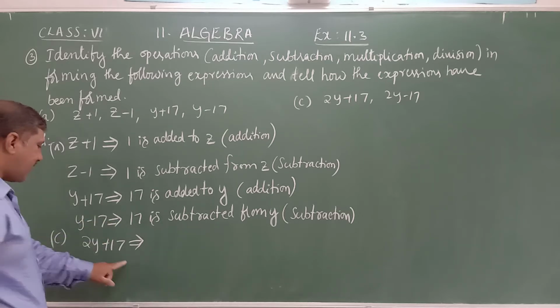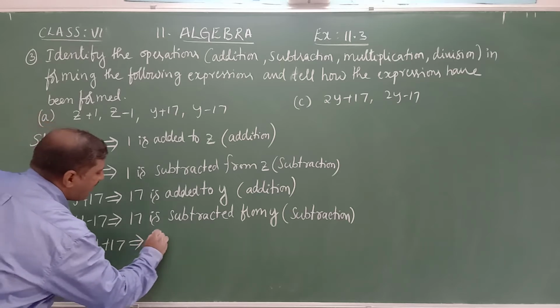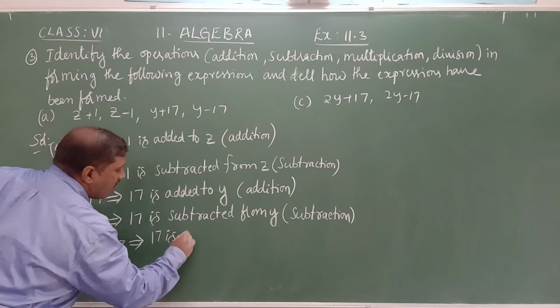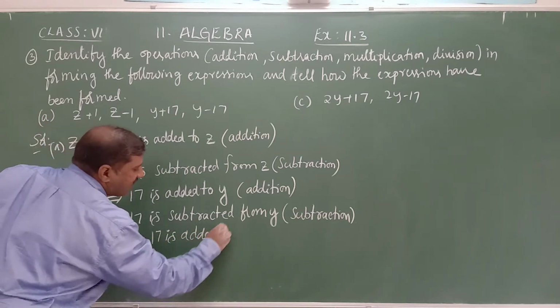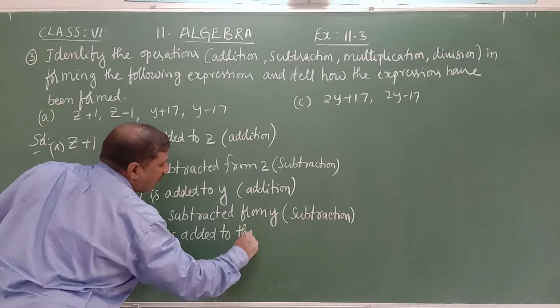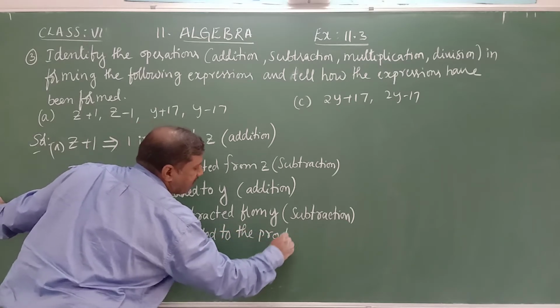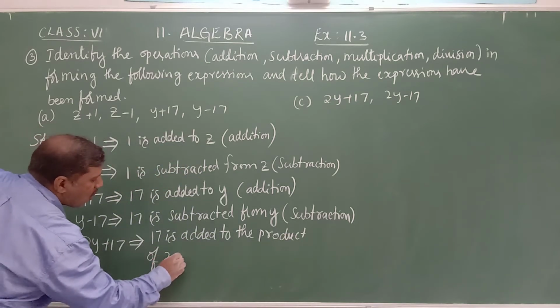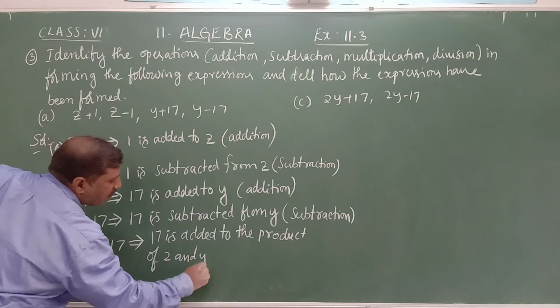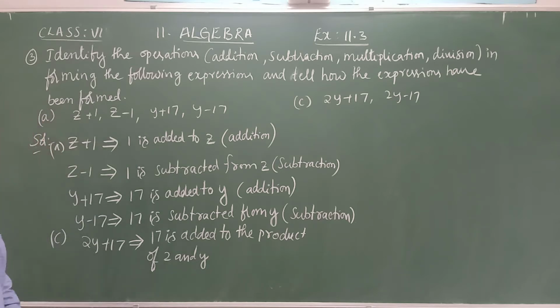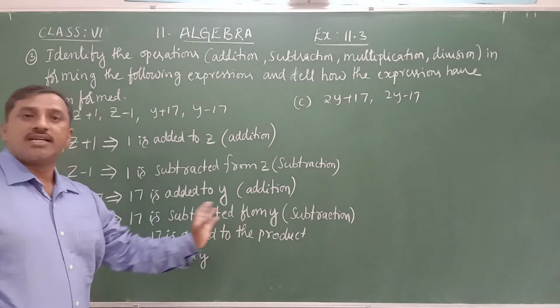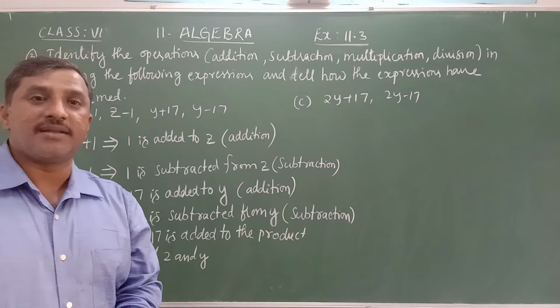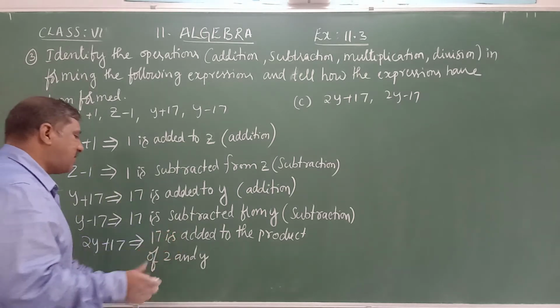Now how do you write this? 17 is added to the product of 2 and y. Product means the result which we get by multiplication, and added means addition.